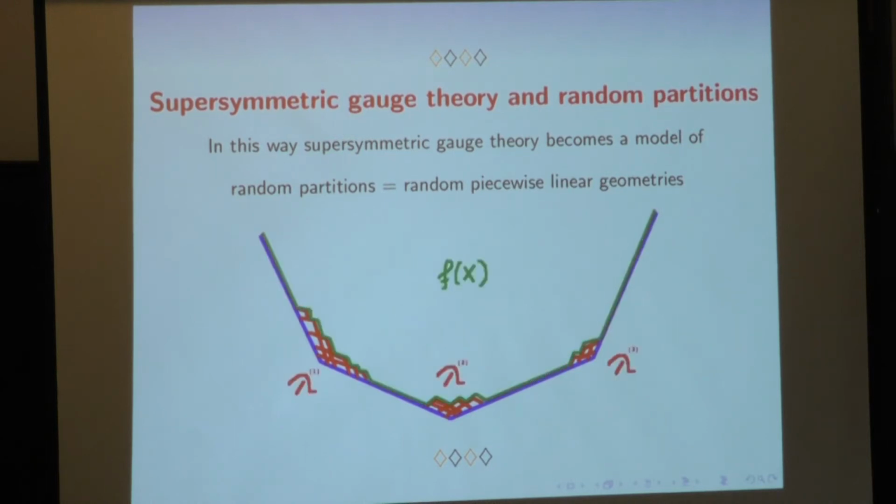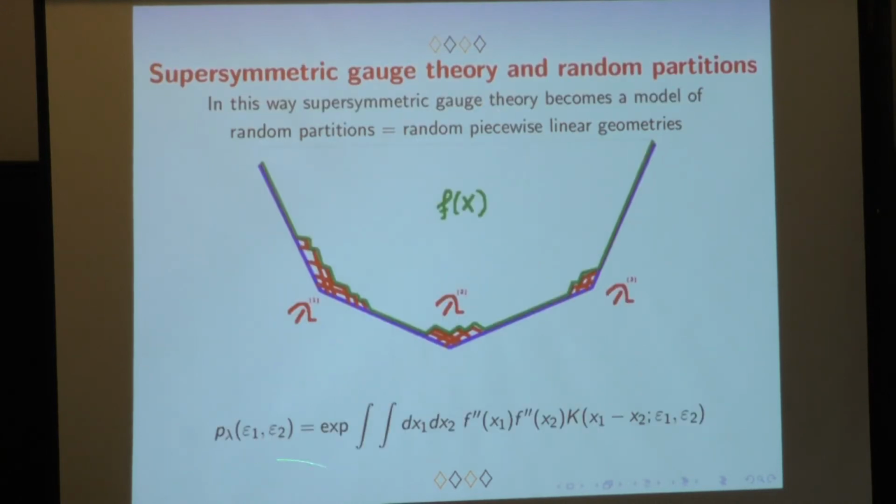And so then the general configuration would be a collection of, in this case, three Young diagrams, which are slightly squeezed so that they fit into this picture. And the probability of getting this particular configuration has a Boltzmann factor, which you can interpret as the Boltzmann factor of a one-dimensional gas of particles.